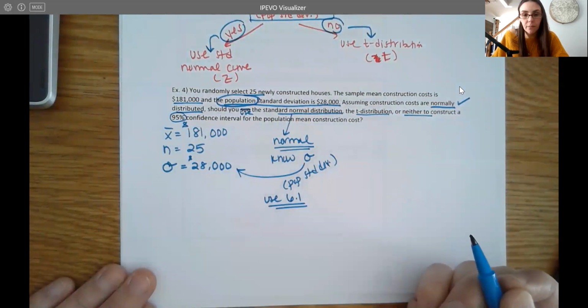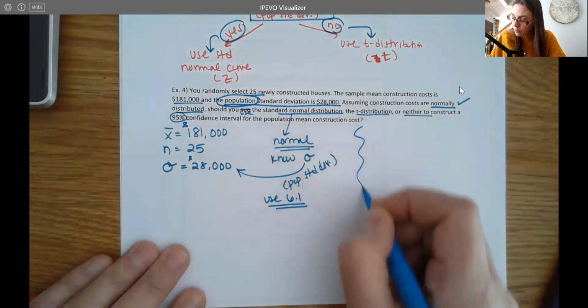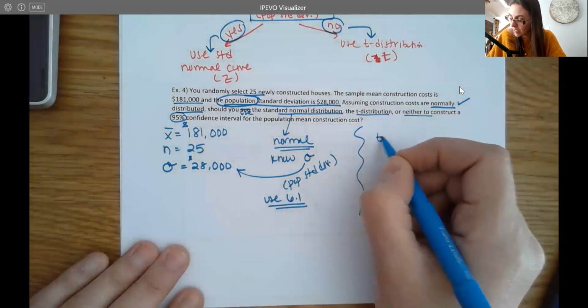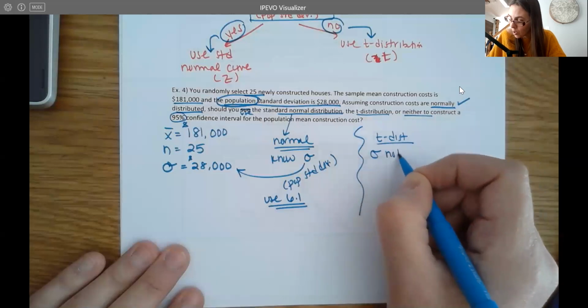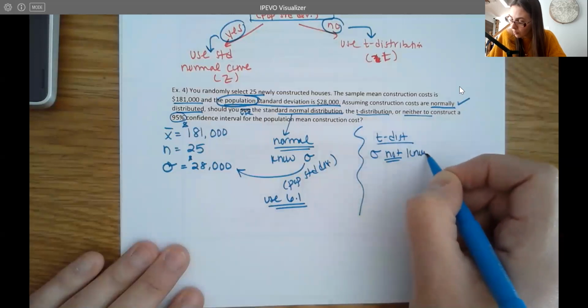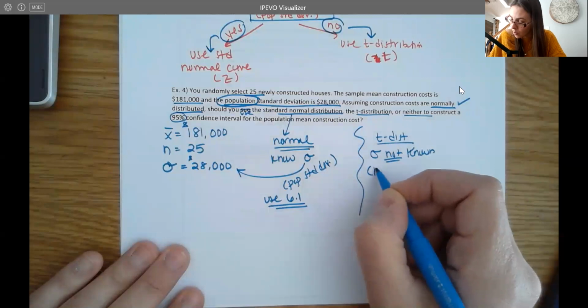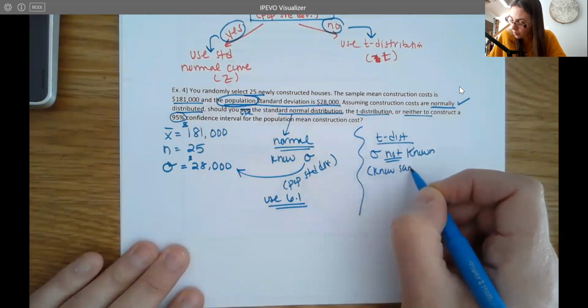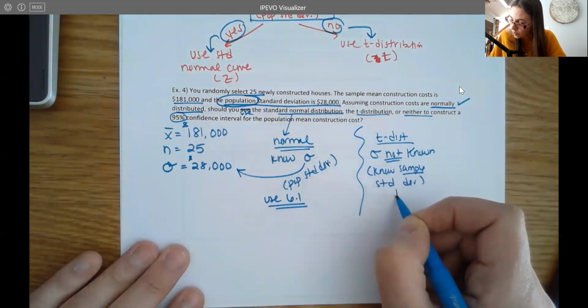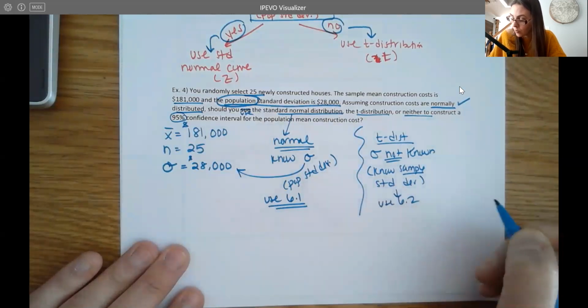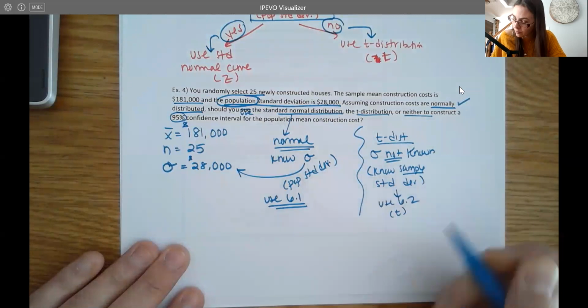If your answer was to use the t-distribution, this means that sigma is not known, so you only know the sample standard deviation. So you're using 6.2, the t stuff. This is the z stuff.